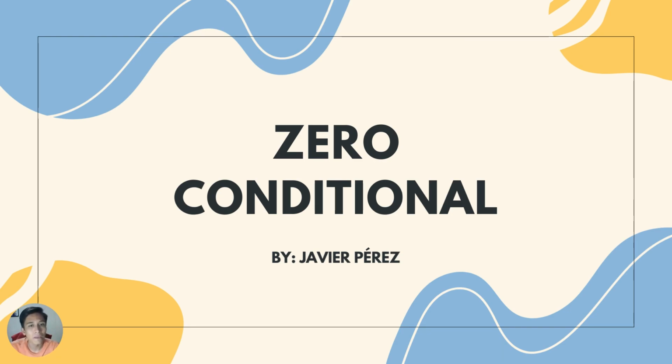So it is easy to catch all the ideas, to catch how the zero conditional works and how we can use this conditional. As I said, it is really simple to understand how the zero conditional works. So because of that, it won't be complicated for you to understand the lesson better.